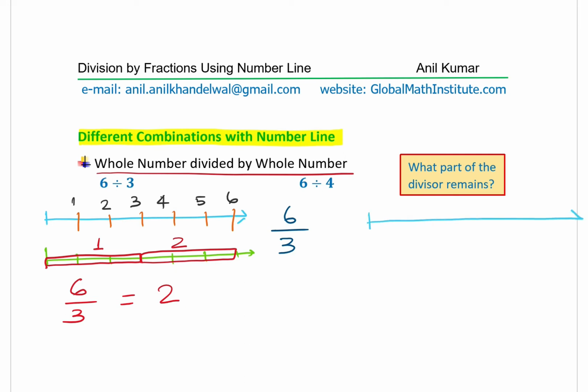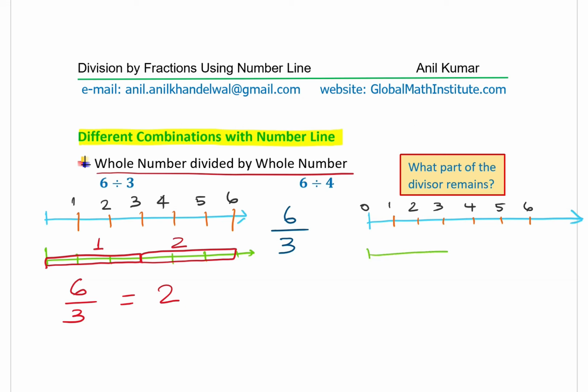So let's say this is the number line. And once again, we have the numbers 1, 2, 3, 4, 5, 6. So these are the 6 numbers starting with 0 always. We are going to divide this by 4 this time, right?